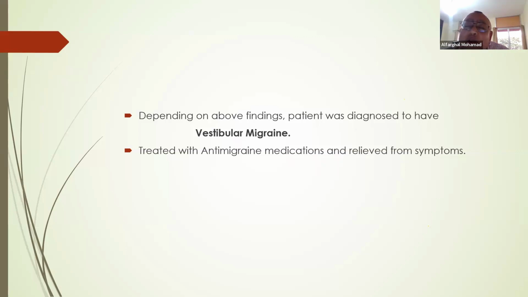The torsional component from the right side will cancel the torsional component from the left side, and that's why you have pure upbeating nystagmus. But generally, yes, in the Dix-Hallpike test, the absence of the torsional component would make it less likely to be benign paroxysmal positional vertigo.